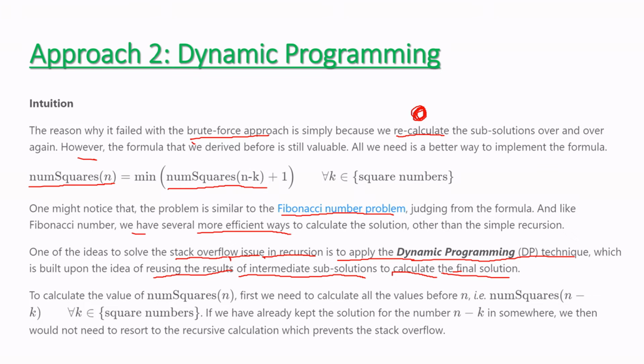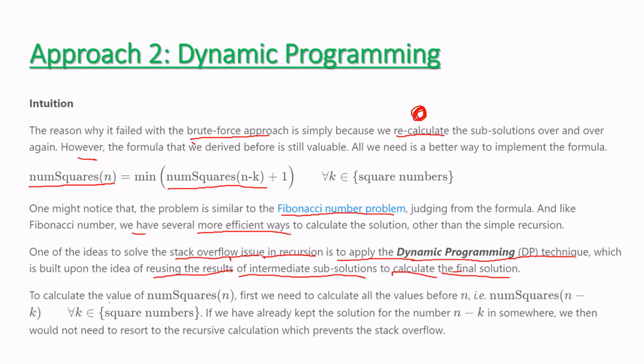If you don't know, this is the recap. If we have already calculated some subproblem or subsolution, we store it somewhere, and if it is required again, we do not need to recalculate, we will collect it from there, because we have already calculated it.